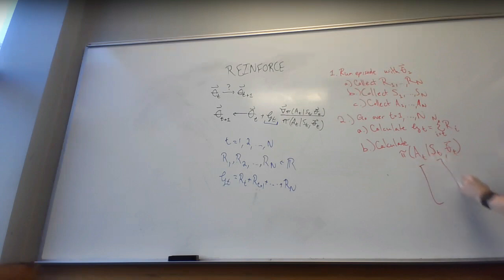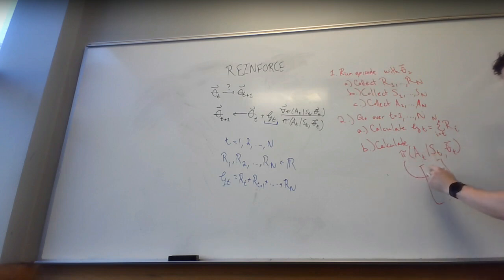The neural network will spit out a vector, a bunch of probabilities. And you remember what you took for A1, which was your action. So you just look at the particular probability associated with the action that you actually did take. And you ask what that probability is. And that's what this number is.